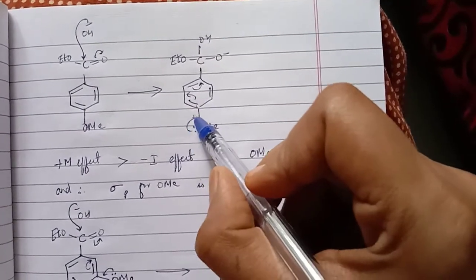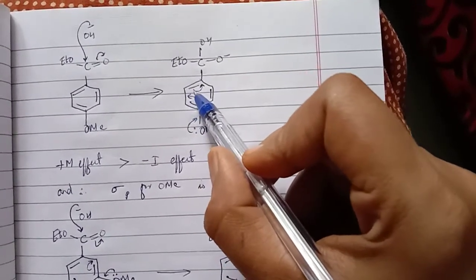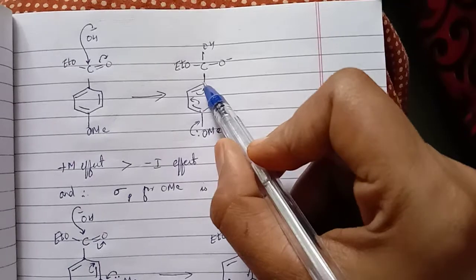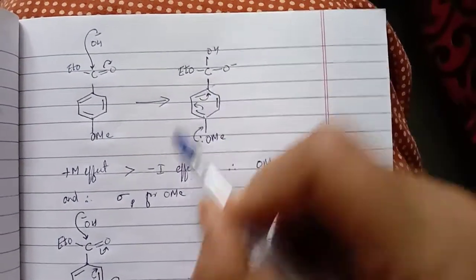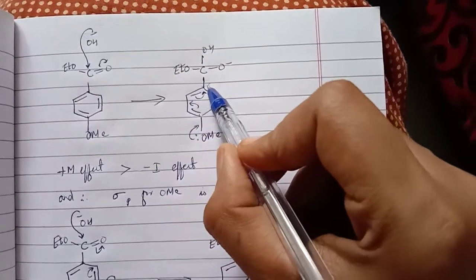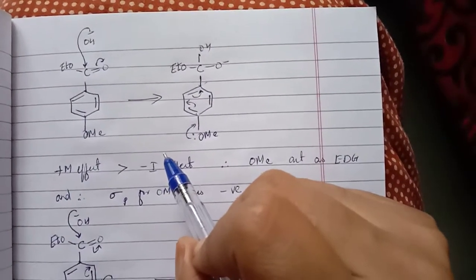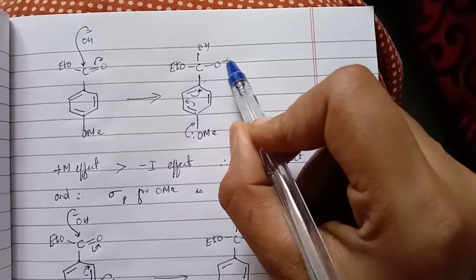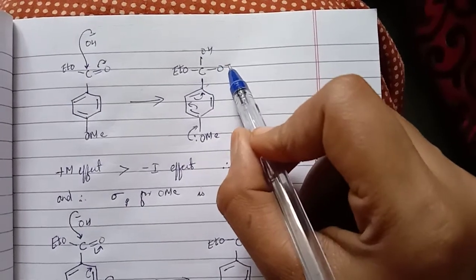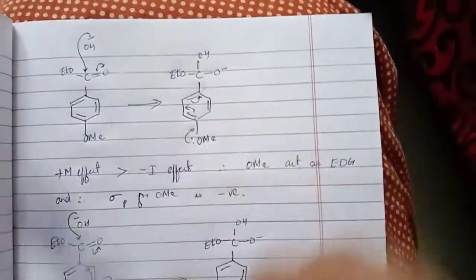The lone pair on the oxygen flows like this, and this bond to this carbon. So this carbon will get a negative charge. That means the negative charge will be transferred to this oxygen also.